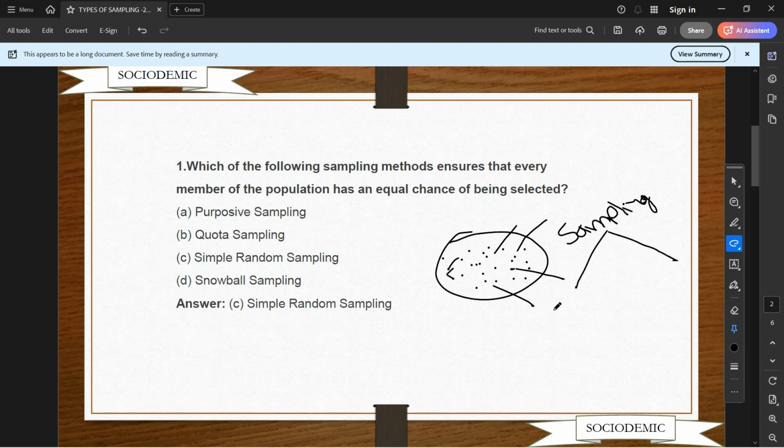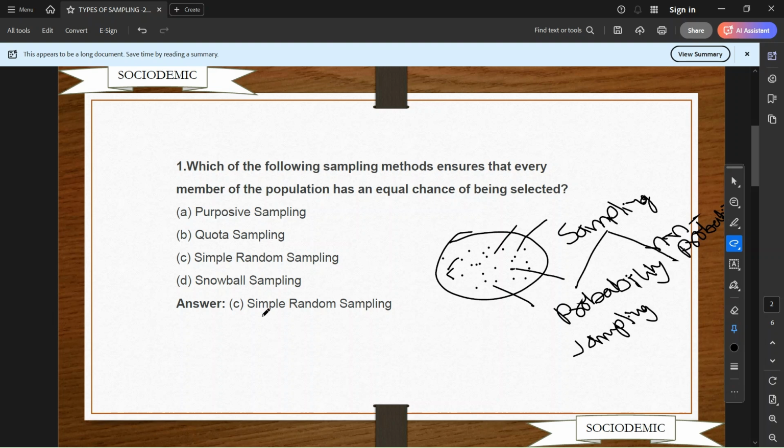One is probability sampling, and another one is non probability sampling.